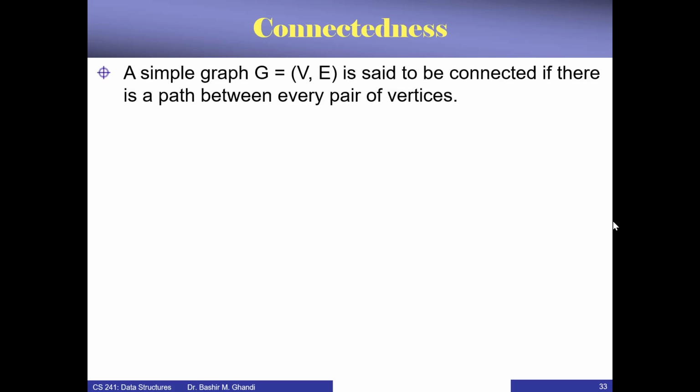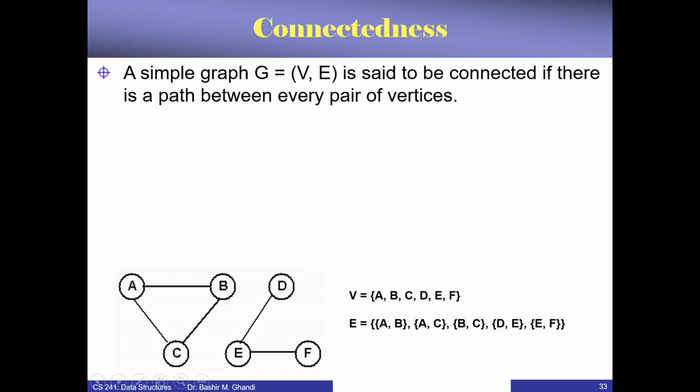So connectedness: a simple graph or undirected graph G is said to be connected if there is a path between every pair of vertices. If you take any vertex, there will be a path that will take you to any other vertex. If you can do that, then the graph is said to be connected.